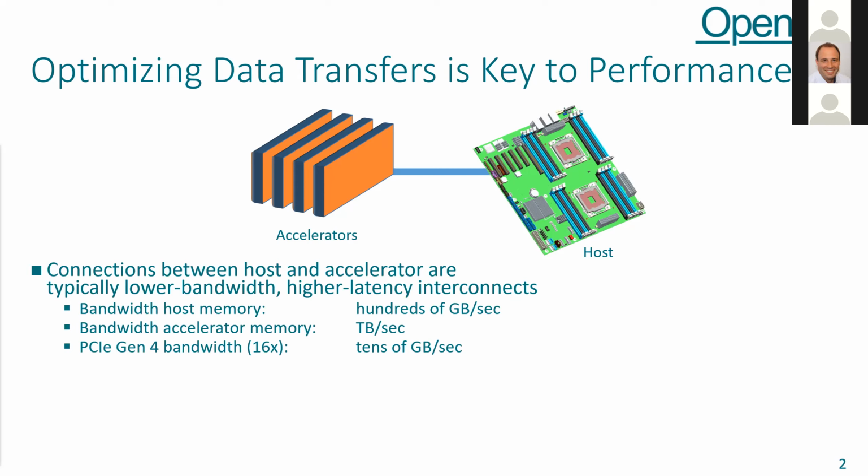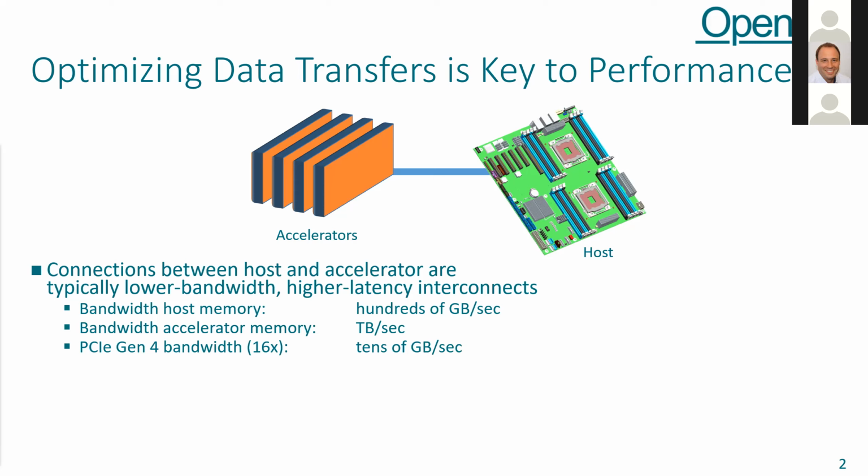So say you got your host memory, you got something in the order of hundreds of gigabytes per second. Like, for an AMD EPYC system, you're somewhere in the 350 gigabytes per second range. The bandwidth of the accelerator memory is like terabytes per second. So, somewhere north of 1 terabyte per second, depending on which kind of GPU you're looking at.